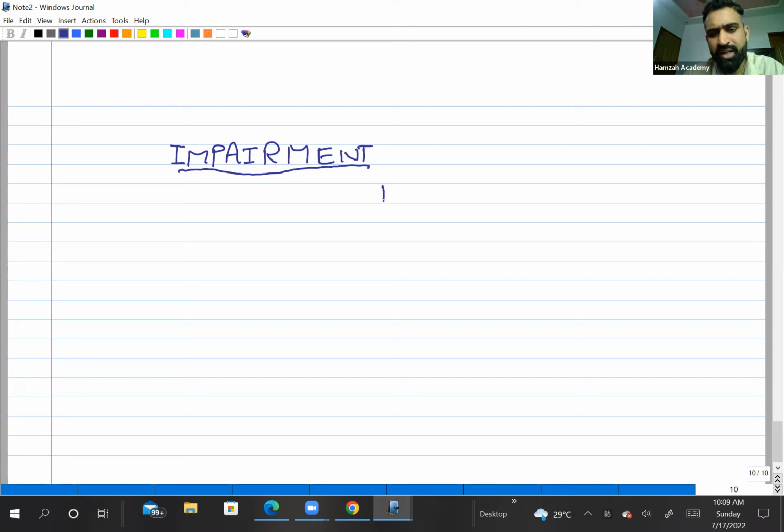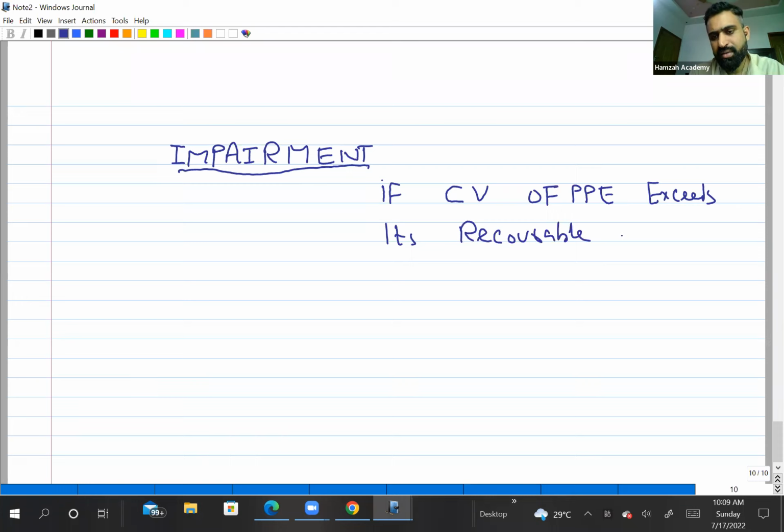Impairment means that if the carrying value of property, plant and equipment exceeds its recoverable amount, then that means the asset has been impaired.